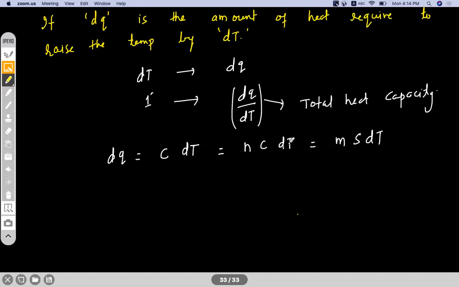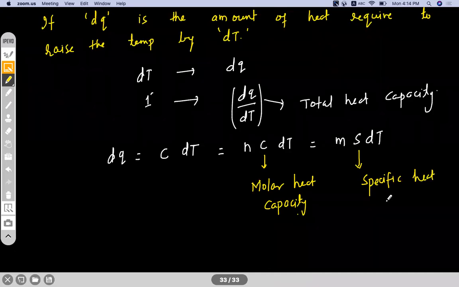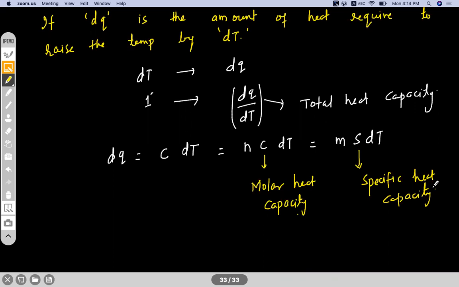You must understand the terms here. Small c is the molar heat capacity, because we have n number of moles here. s is the specific heat capacity. Sometimes specific heat capacity is also represented by capital C. So it is s or capital C for specific heat capacity, and small c for molar heat capacity.